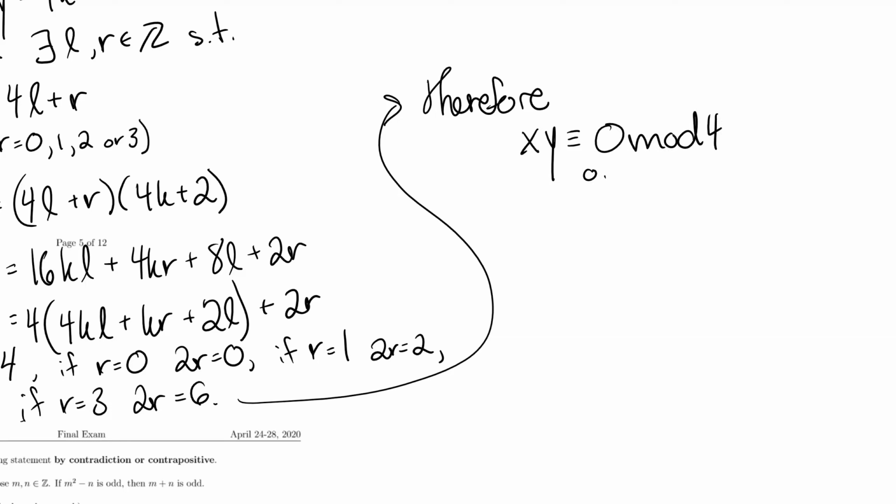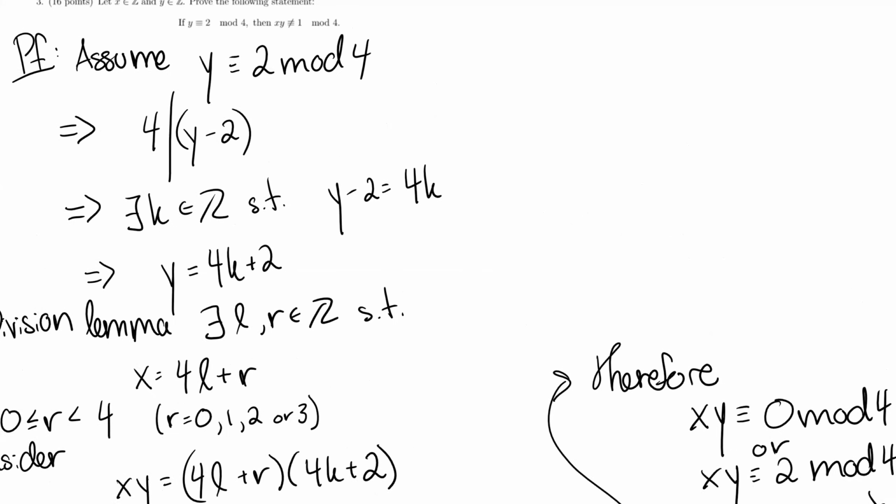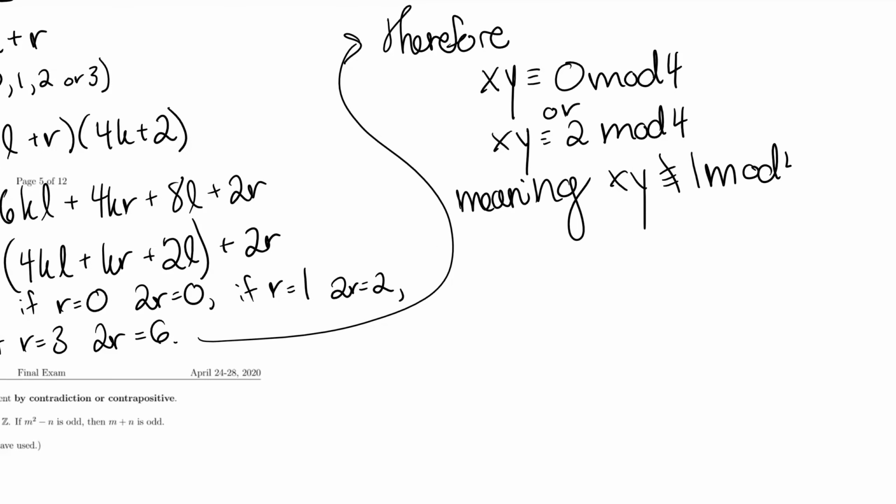So x times y is equivalent to 0 or 2 mod 4, meaning x times y is not equivalent to 1 mod 4. That's what we were trying to show. Okay, I think that's good.